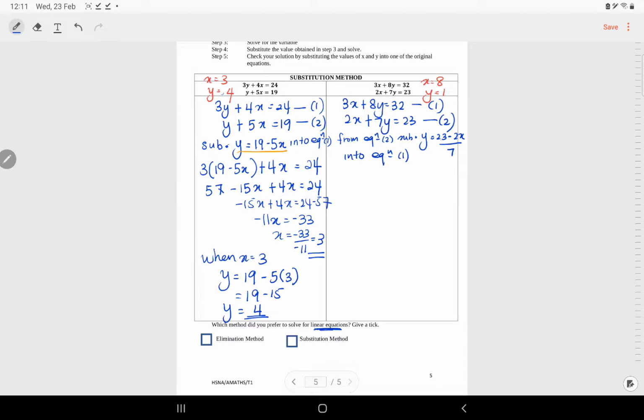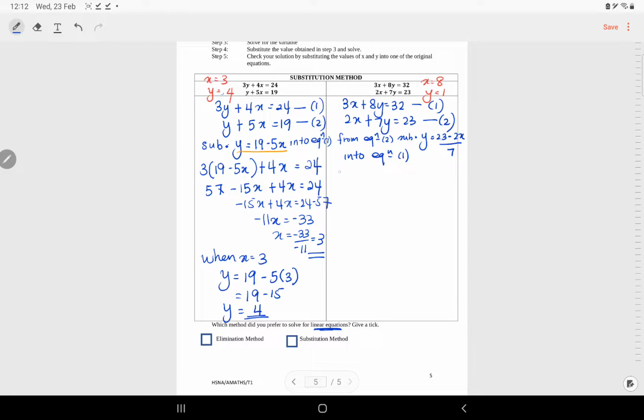So everything will be in terms of x. It gets a bit complicated using the substitution method because it involves fractions, but again it will still give us the same answer. So let's have a look.